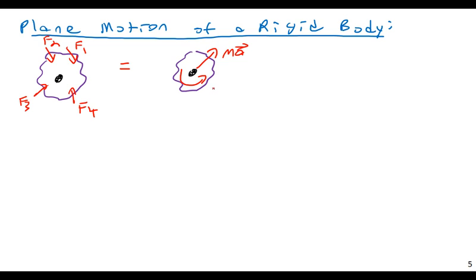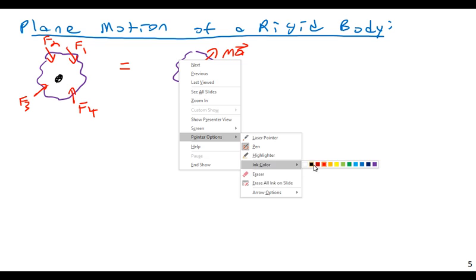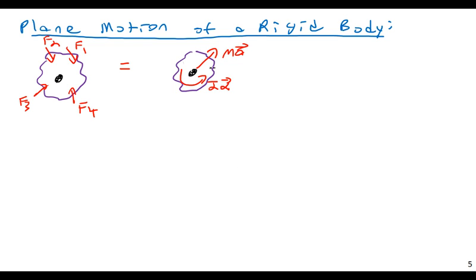And this would be I alpha. And so, from this, if I have acceleration, and this acceleration can be pointing in two directions, it has an x and y component, so I can say that the motion of a plane body, a rigid body, in plane motion can be completely described by three equations.